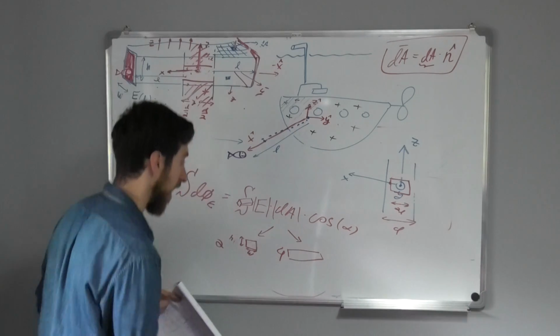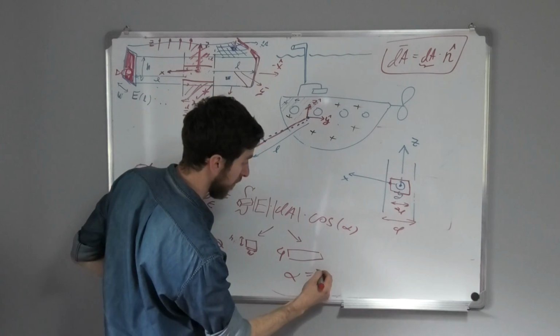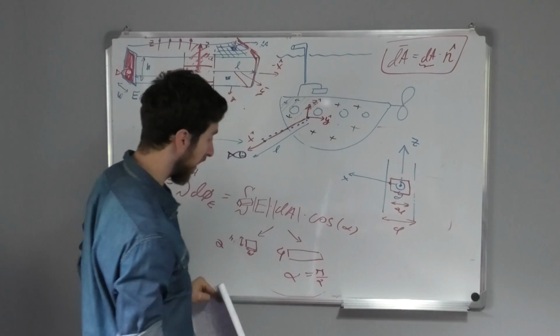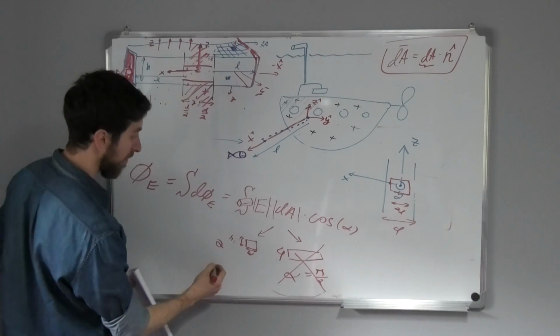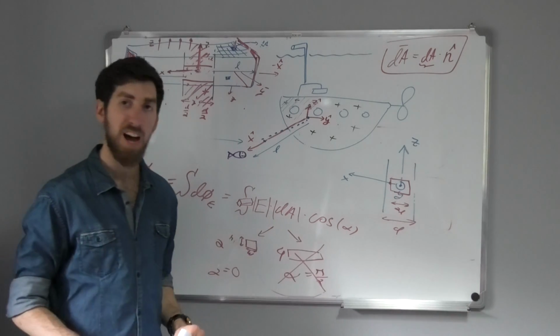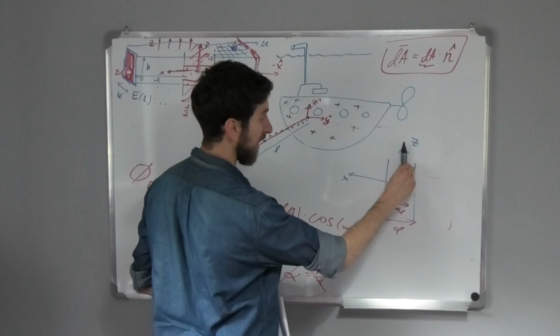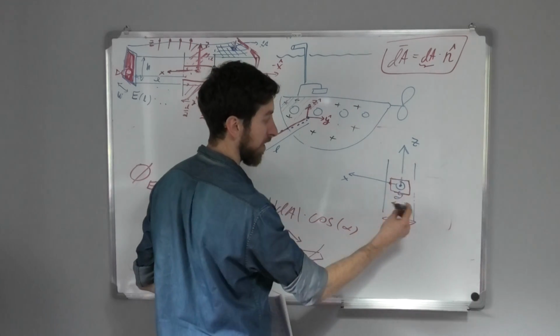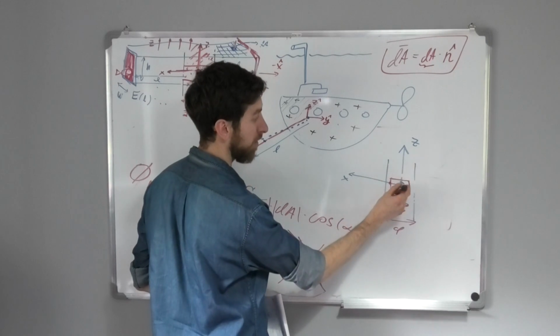For this one, alpha is going to be equal to pi over 2, which is going to kill the summation. And here alpha is going to be equal to 0, which is going to make this cosine vanish. So what I did there, I said that the dAs are the same, pointing in the directions of the wall of the box, right?